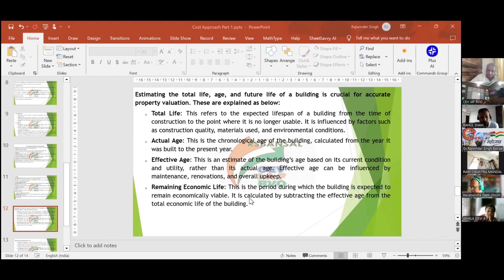So effective age will depend upon the current condition and utility of the building rather than its actual age. So it will depend upon the maintenance, renovation, and overall upkeep of the building.